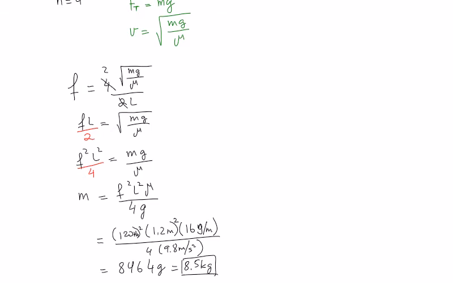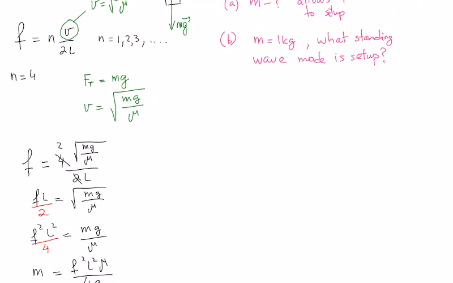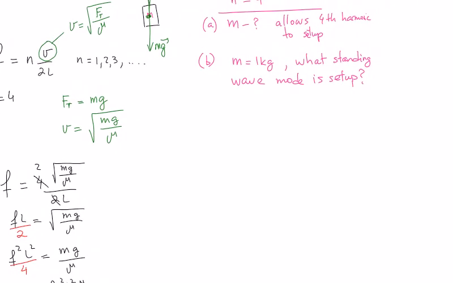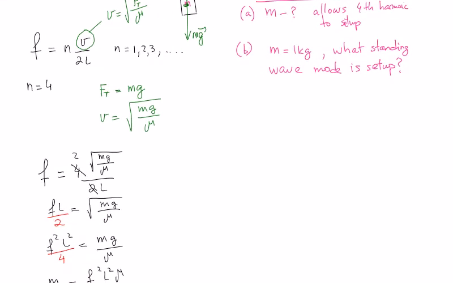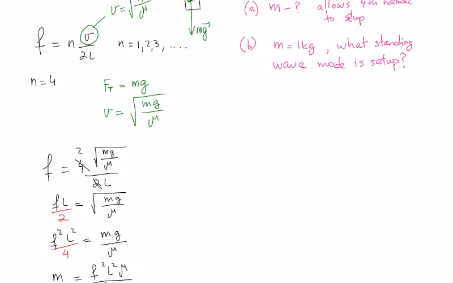Now let's go back and answer our second question. If we have m equals 1 kilogram, what standing wave mode is set up? Using the same analysis, we can write n equals 2Lf times the square root of mu over mg, and then all we need to do is plug in the numbers.